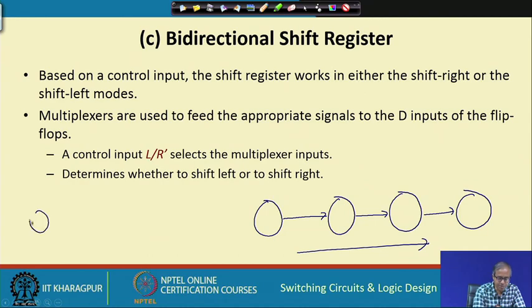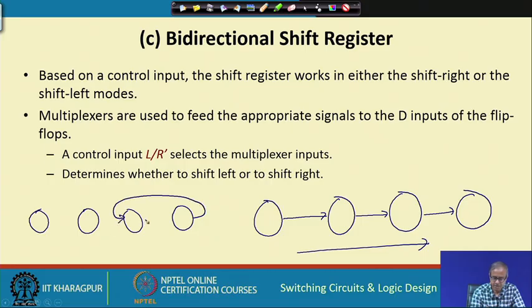But if I want to implement a left shift register, what do I do? For a left shift register, the output of this one should be fed to the input of this, and so on, and the output of this one will be the final output. This bit will go here, this bit will go here, this bit will go here.